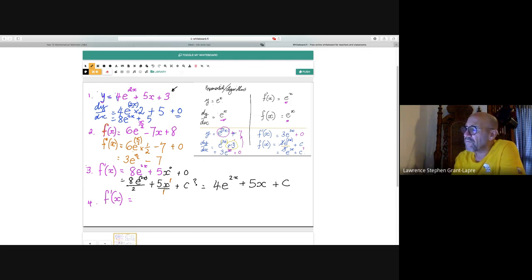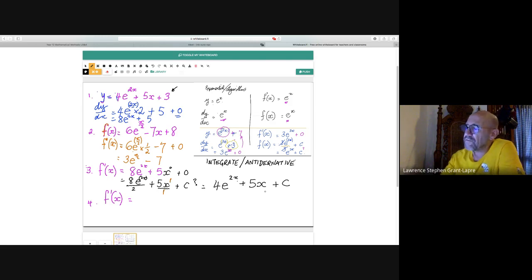So if you derive this, you will get 8e to the 2x plus 5. If you integrate 8e to the 2x plus 5, or if you get the antiderivative, same thing, you will get 4e to the 2x plus 5x plus c.